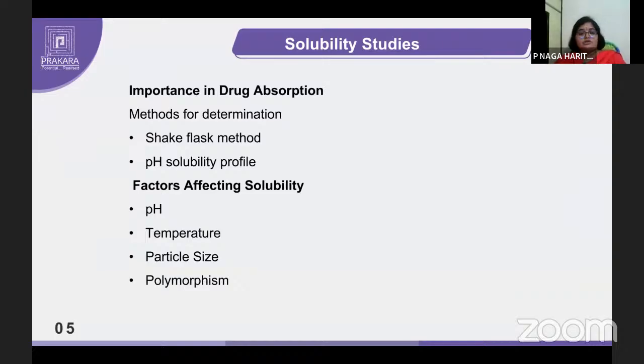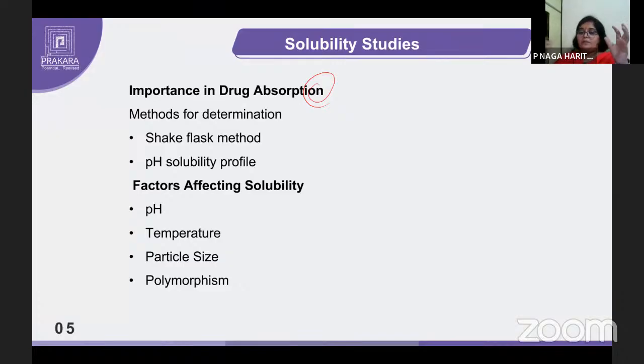First, coming to the solubility properties, we know that it is a critical parameter. Solubility is considered a critical parameter in drug development because it directly impacts drug absorption. When it impacts drug absorption, eventually it impacts even the bioavailability. Poorly soluble drugs often face challenges in achieving therapeutic plasma concentrations, which limits their efficacy.